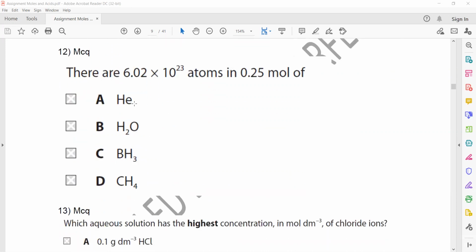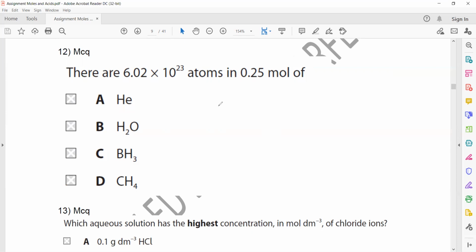Moving on to the next question. There are 6 exponent 23 atoms in 0.25 moles of which substance? To work this out, consider the number of atoms in 0.25 moles of helium.